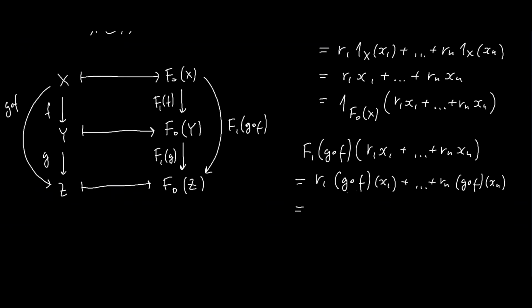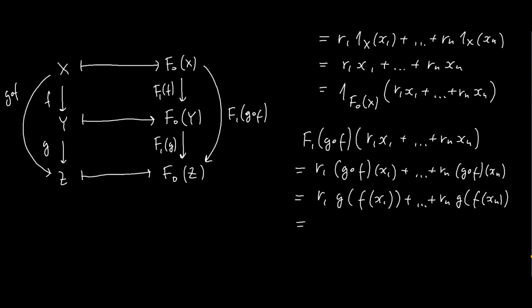We try to separate this, right? So this is the same as G applied to F applied to X1. And then we start taking the G and the F out one by one.